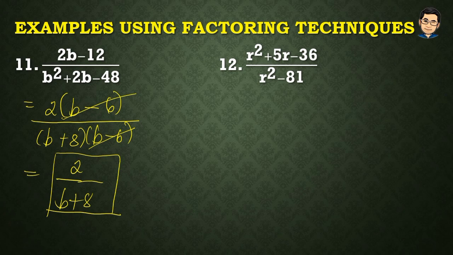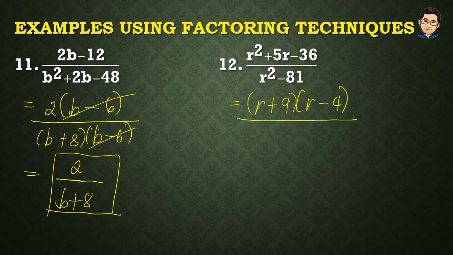Okay. Next, r squared plus 5r minus 36 all over r squared minus 81. So, using general quadratic trinomial, so yung factors po ng negative 36, tapos positive yung nasa gitna, is 9 and 4. So, positive yung 9 sa gitna, so magiging r plus 9 times r minus 4.